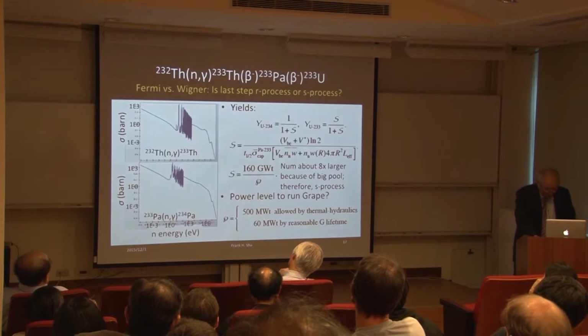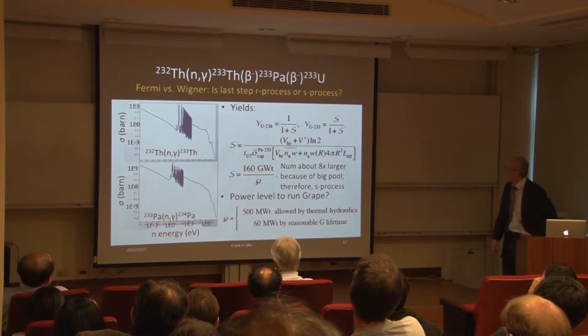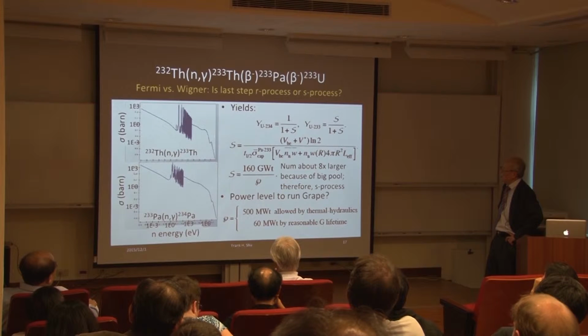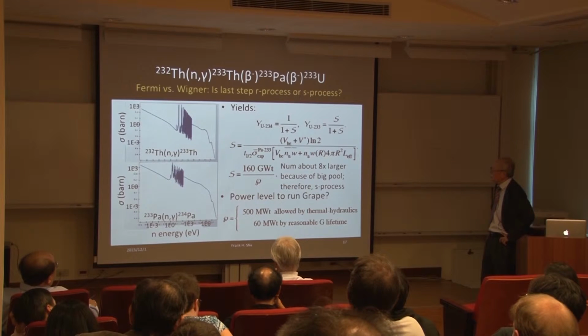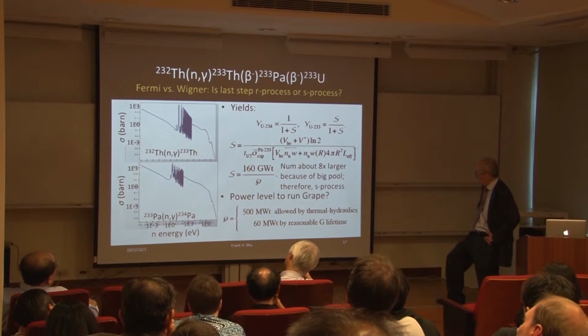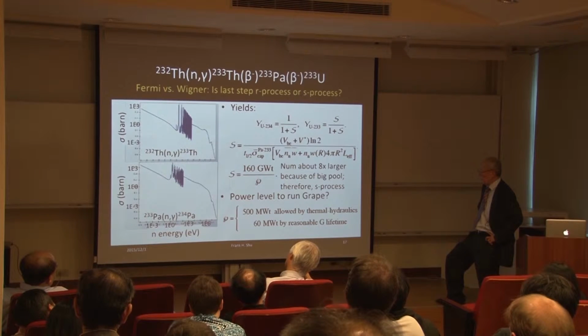Okay, I think I won't go into why this is S process instead of R process, but this was a source of debate between Fermi and Wigner. All right? Wigner said basically we should build molten salt reactors, make the fuel elements liquid. Fermi championed the solid point of view. Fermi came up with a very good objection, which was basically whether this is S process or R process or partly R process.